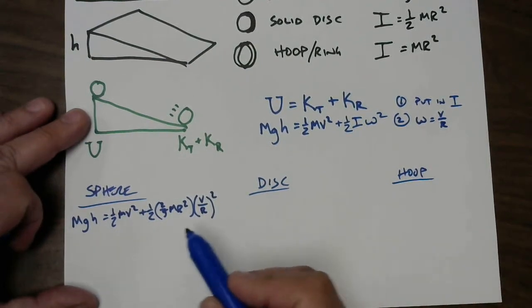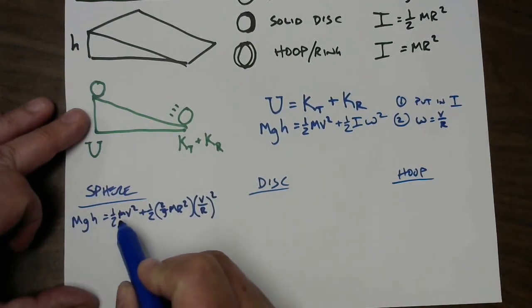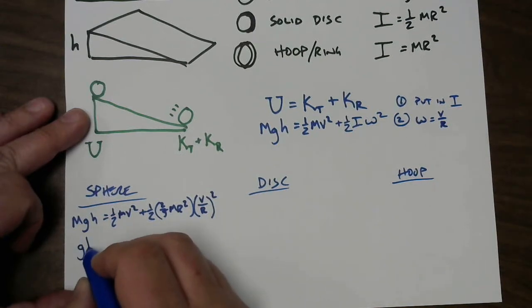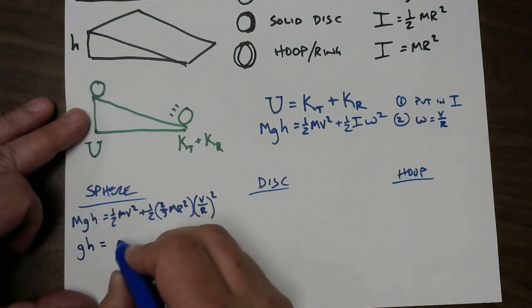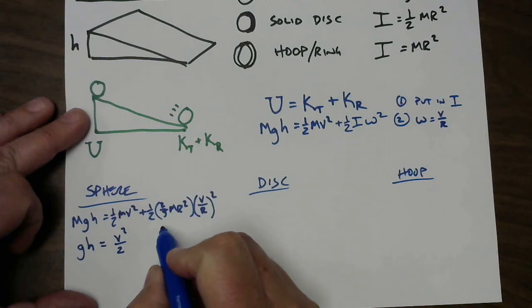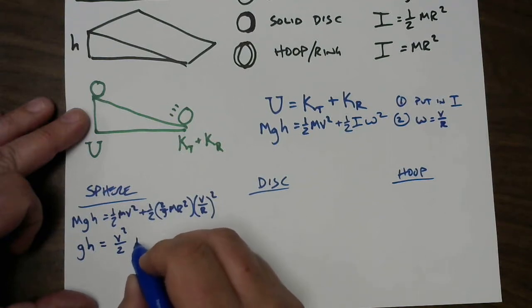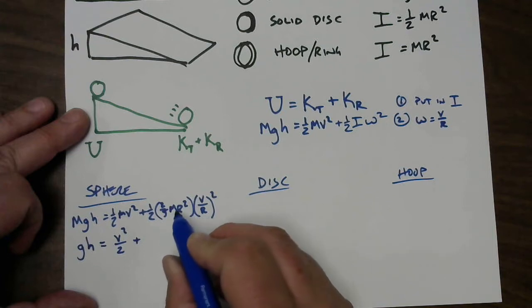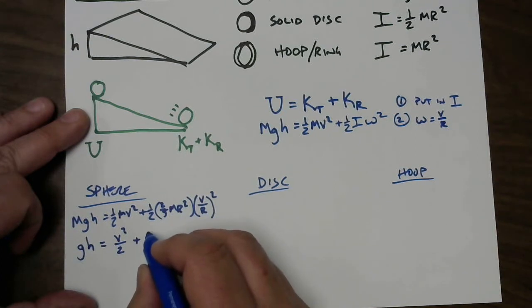We have m's everywhere, so they cancel. All that's left on the left-hand side is gh. Then here we have v squared over 2, and 1/2 of 2/5 is 1/5. R squared here, R squared down there, they cancel.